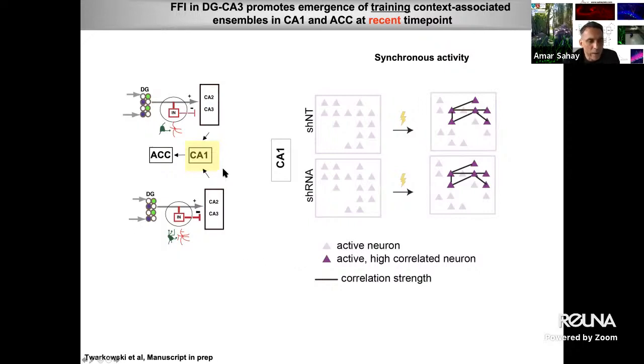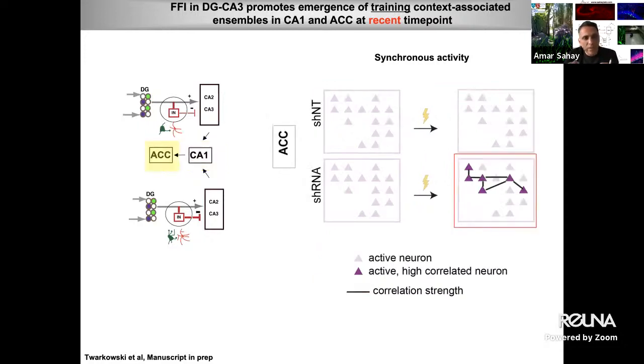Looking at CA1, both groups of animals exhibit a learning-induced ensemble that's associated with the training context. However, in the animals in which we have increased feed-forward inhibition in dentate gyrus CA3, we now see the emergence of a training context-associated ensemble also at the level of the anterior cingulate cortex.